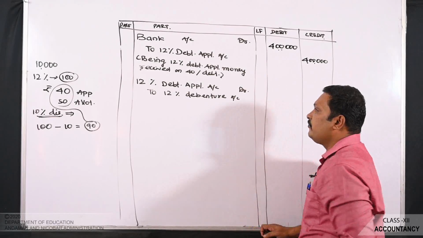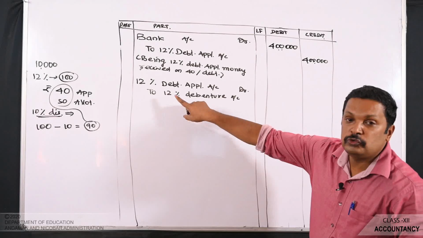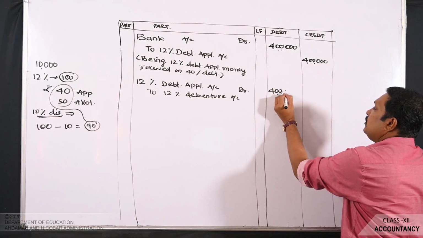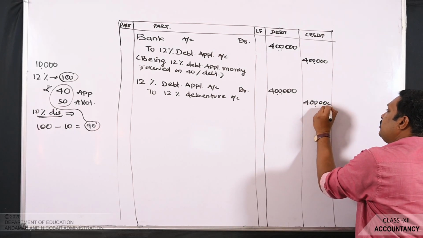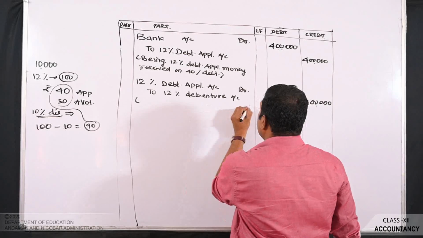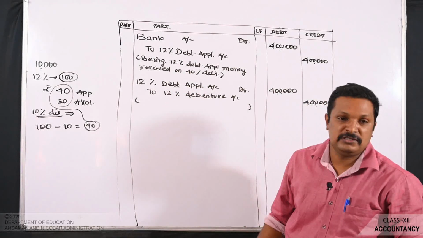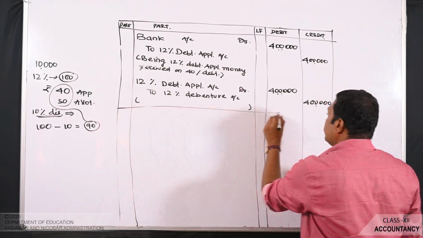Now whatever amount we collected through application, that money is transferred to which account? To 12% debenture account. So the same amount will be transferred to debenture account. 4 lakh we just transferred. So the narration: being debenture application money transferred to 12% debenture account, right? So application part is over.